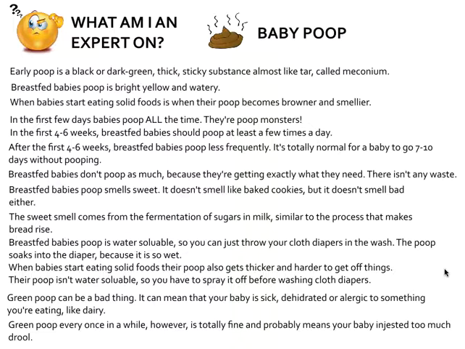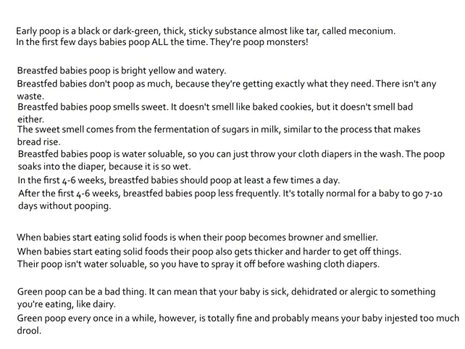So I had a couple options when I went to decide how I was going to organize my facts, but I chose, rather than by color and how it feels and how it smells, to organize my facts by the sequence of it, right? So I'm going to start with my introduction about how poop changes, because I thought that was really interesting when I looked at my list of facts, that poop really changes over the course of the baby's life.